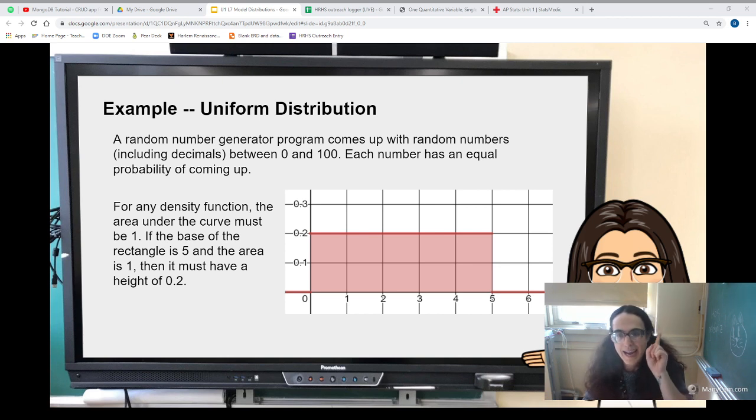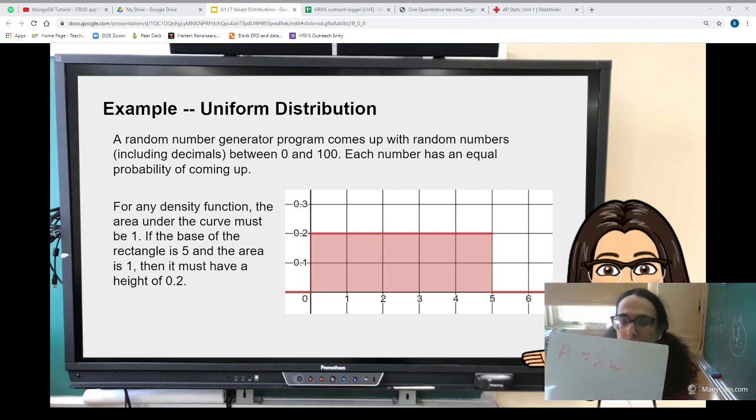So remember, the area under this curve has to equal 1. The curve goes from 0 to 5, so the width is 5. If we remember, the area of a rectangle is length times width.